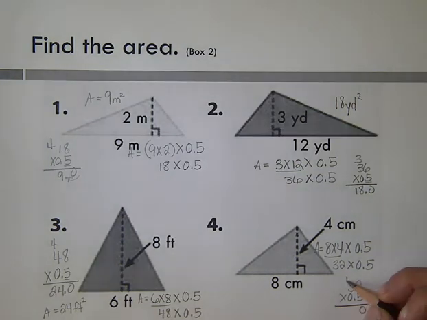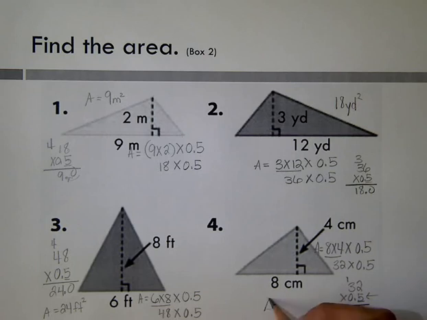And 5 times 3 is 15 plus 1 is 16. And I'm going to move 1 decimal place in. So the area of this figure is 16 centimeters squared. And that's how you use the formula to find the area of a triangle.